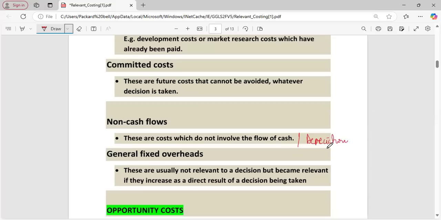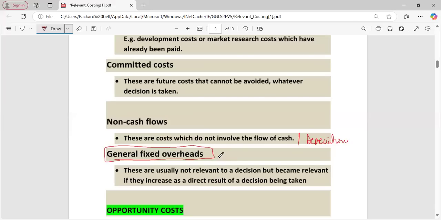Depreciation is a non-cash flow item, so you don't take it into account in your relevant cost. Then we can have fixed costs, which can be irrelevant or relevant. I want you to look at this part.